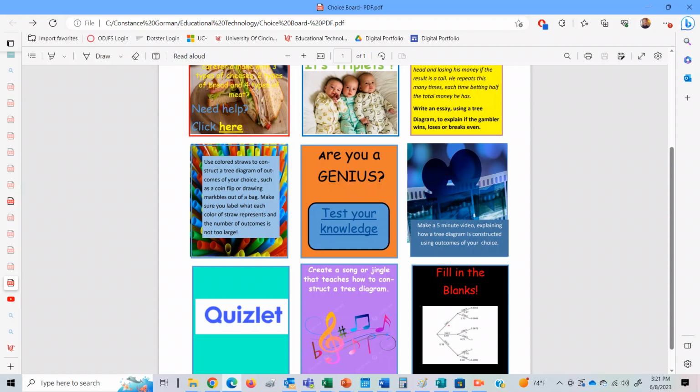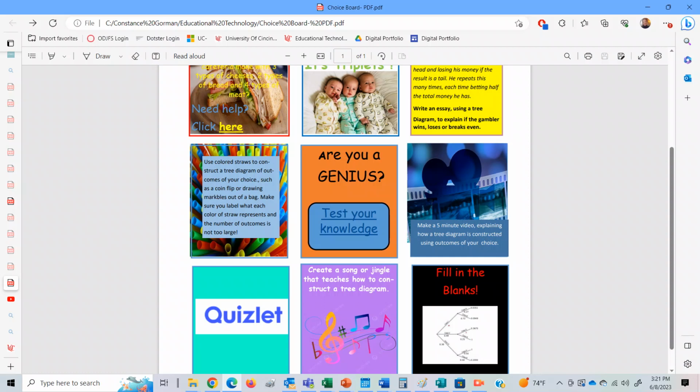The next one is to make a 5-minute video, because there are some students that are interested in the arts, and some of the arts are videography. So this choice requires the student to explain how a tree diagram is constructed using outcomes of their choice.